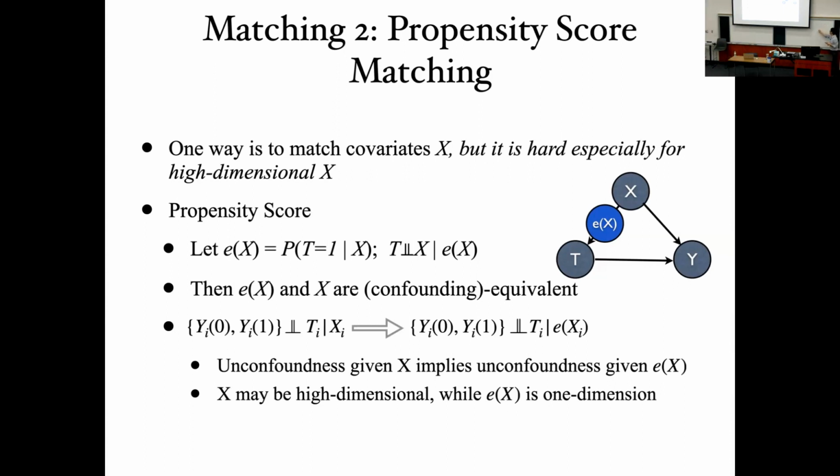You can even have this model: T is a function of X and noise. And then if noise and X are independent, then we can say T and X are conditionally independent given the function f(X). This is the property of nonlinear regression if you assume the noise is additive.